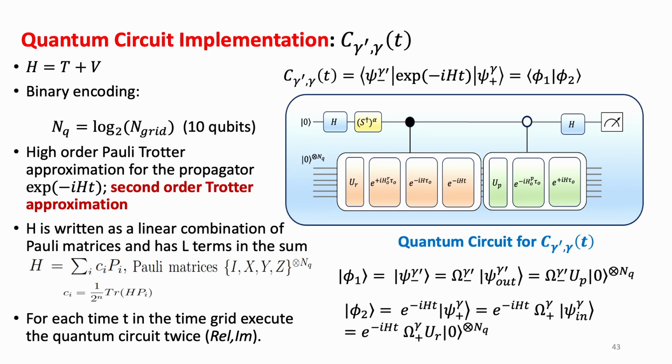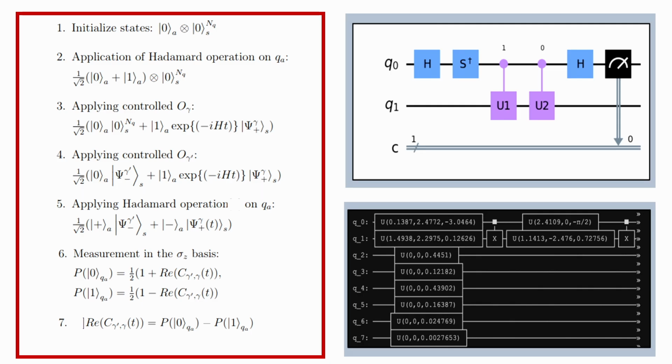This is first quantization, discretizing the space and encoding the system in binary. Then we run the calculation and see the correlation function. I will mention the reference at the end. We have appendices with all the details, the quantum circuit, and exactly all the details if you need to rerun it on a quantum device.